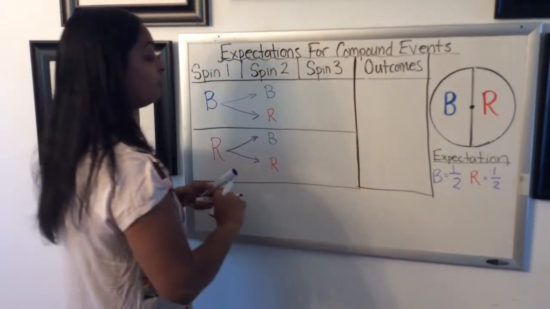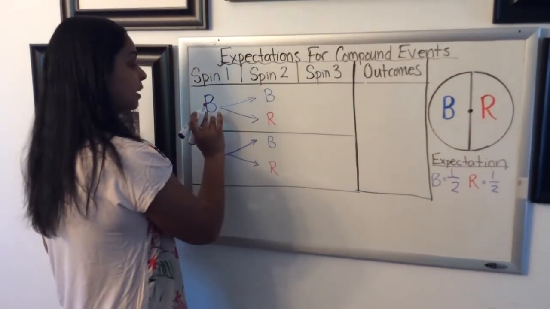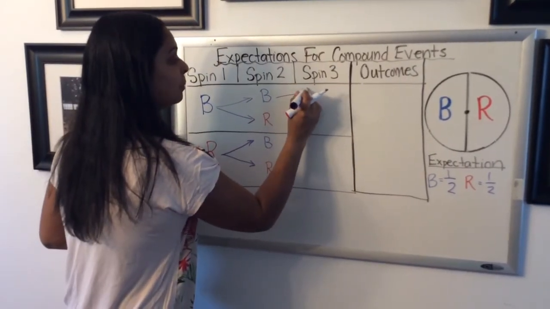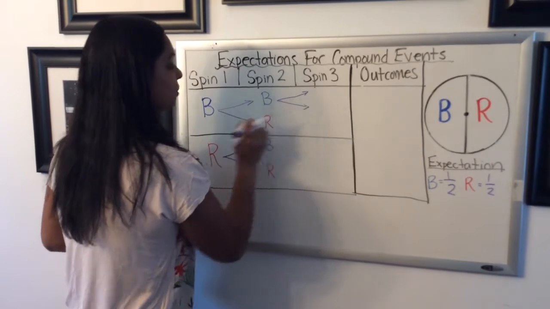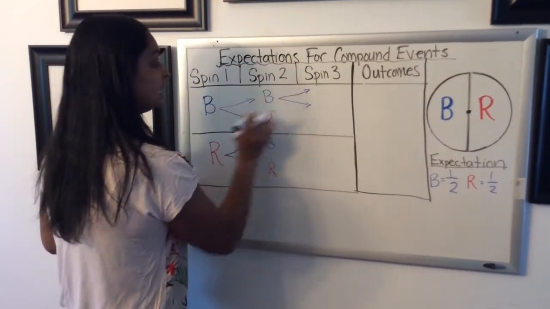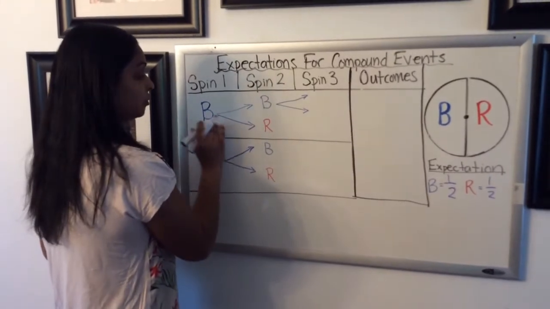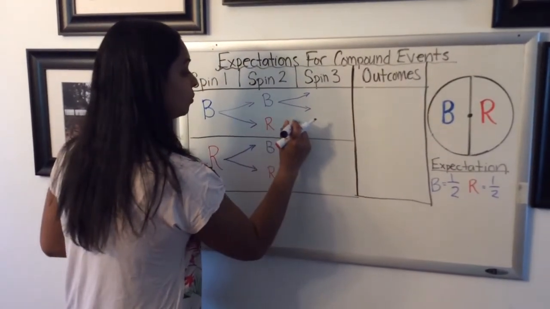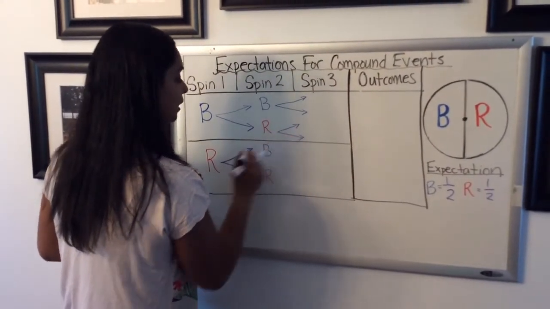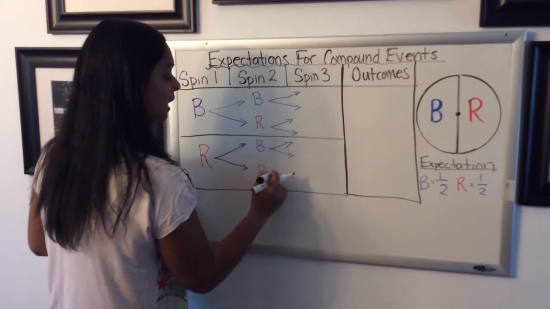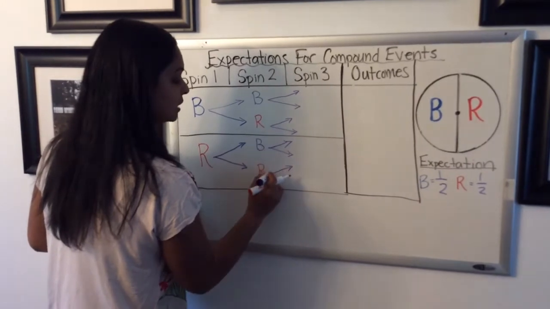Okay, then for my third spin, say I did blue first, then blue again, and now what might happen the third time? So again, you're using these little arrows to show what could happen next. So if I did blue first and red second, then what could be my outcomes next? And I'm putting 2 arrows coming out of each of these because again, I know that I can only land on those 2 things in my next spin.